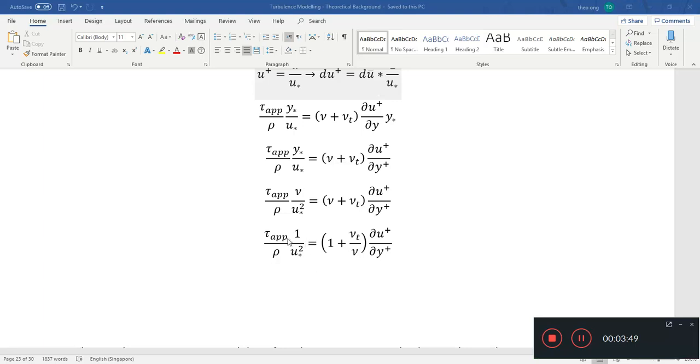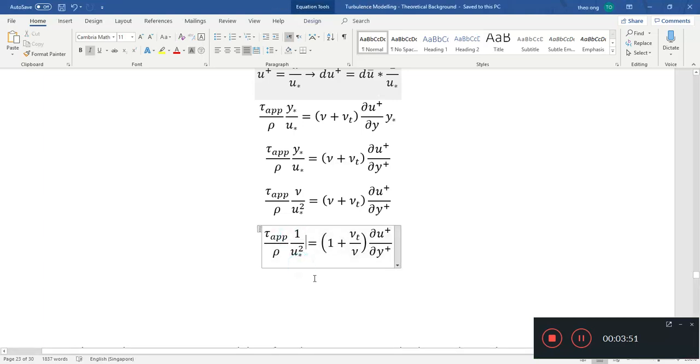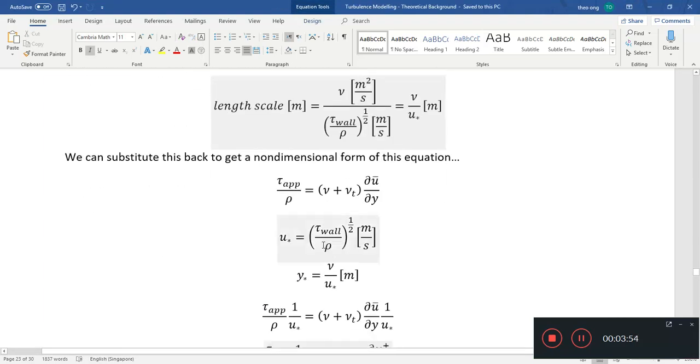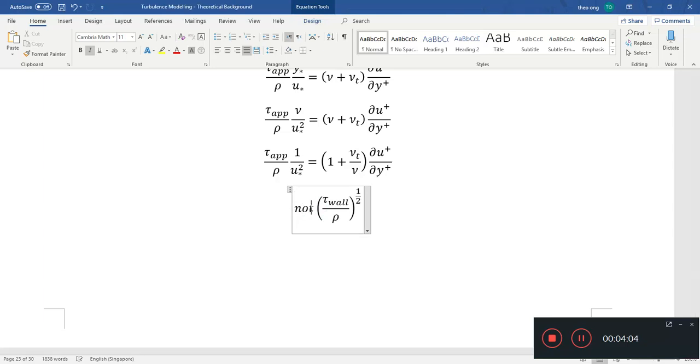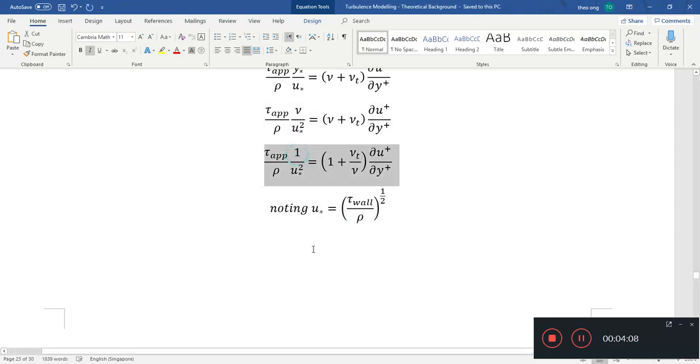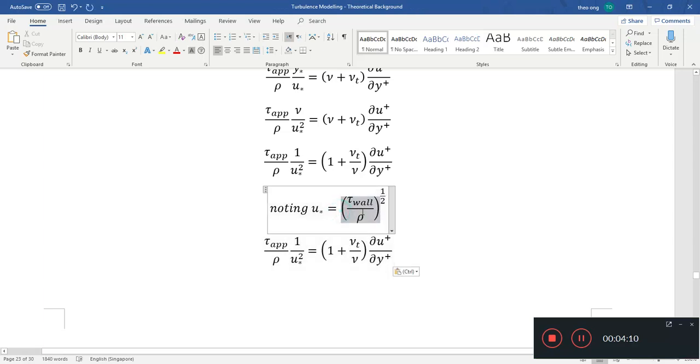And what, you might ask, is this U star? Well, we have to go back, and we realize that U star is the square root of tau wall over rho. So noting U star squared equals tau wall over rho, we'll just have this at the bottom.